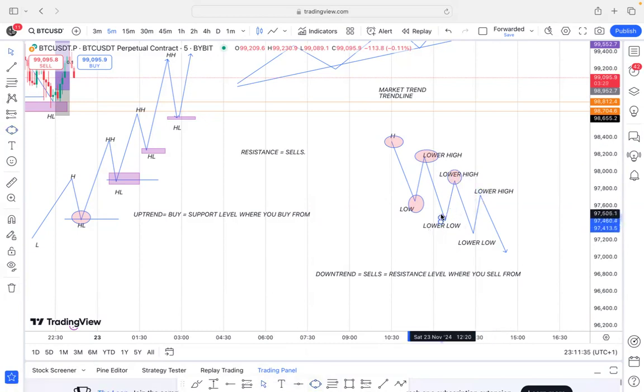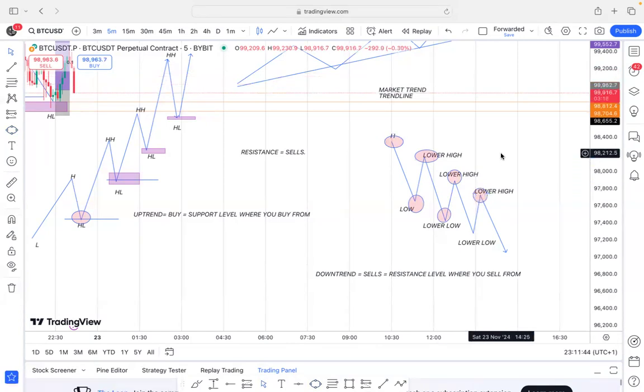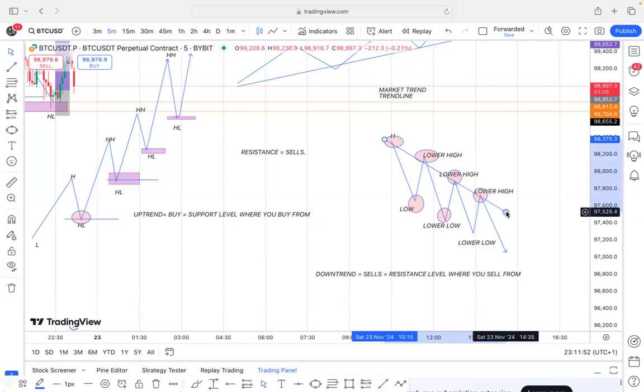Sorry, that should be lower low. Now, resistance levels are where we sell from as traders.